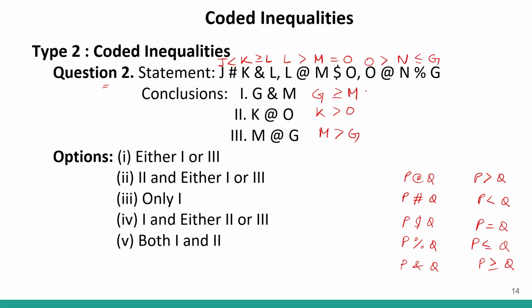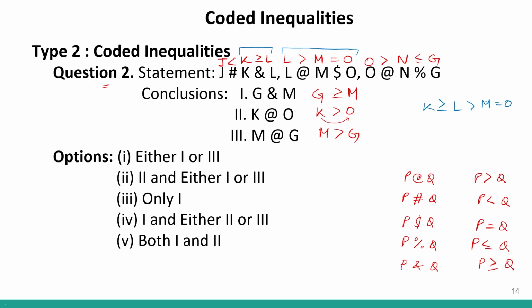We cannot identify whether this is true or not because we do not know the relationship between G and M. Now, if I move to K and O, okay, K is greater than O. So I will move from K to O. If I move from K to O, I can see over here, K is greater than or equal to L, L is greater than M, which is equal to O.